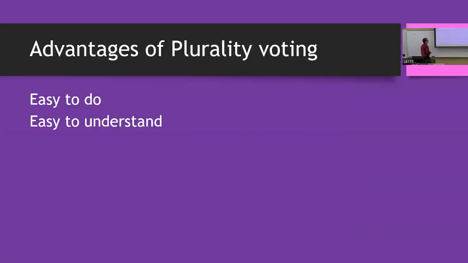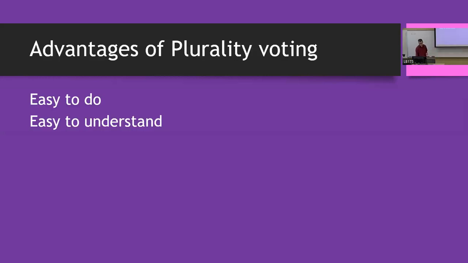So the advantages of plurality voting is it's really easy to do. It's really easy to count. And it's really easy to understand how it works. Whoever gets the most votes wins.